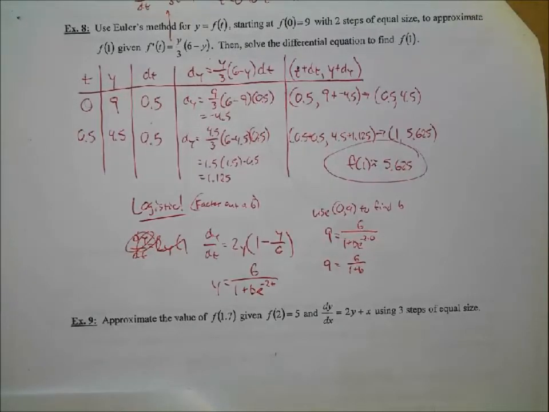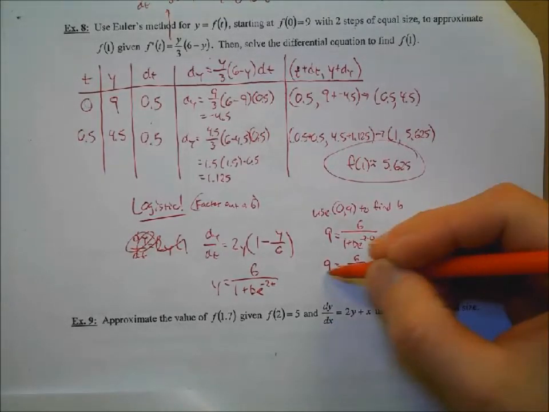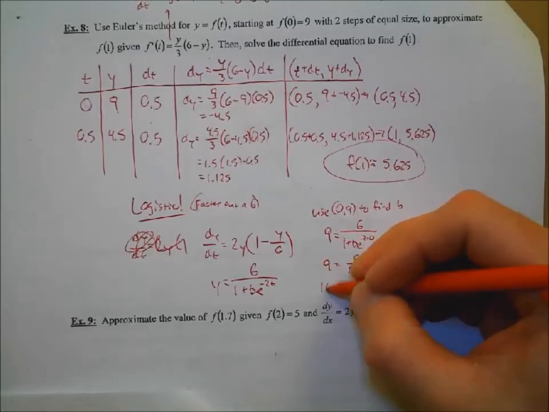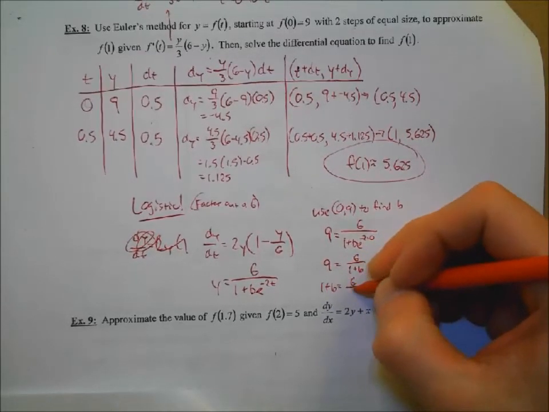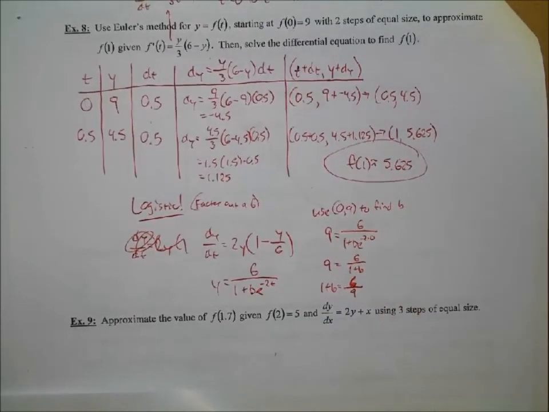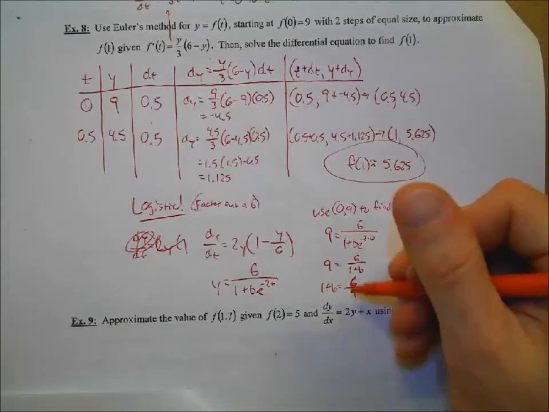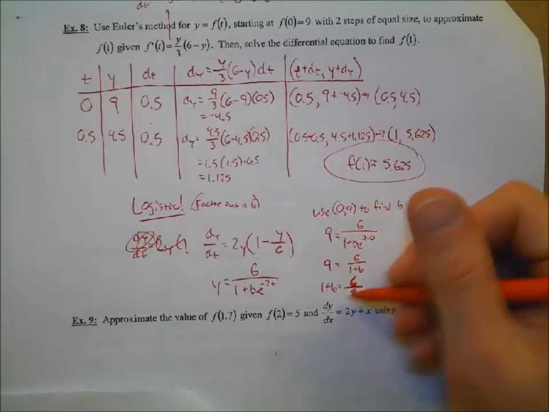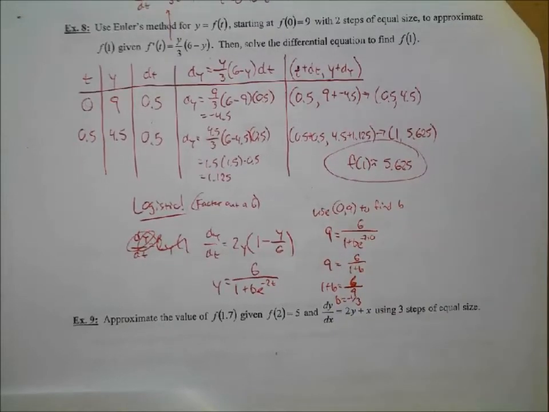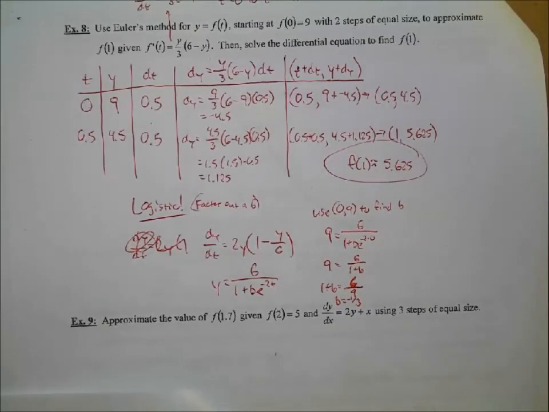Which, if you'll permit me here, I'll multiply both sides by 1 plus b and then divide both sides by 9. And I'm going to end up with this. I skipped kind of 2 steps there just to save space. Okay, 6/9 is 2/3, but subtract 1 from both sides, so b will be negative 1/3.